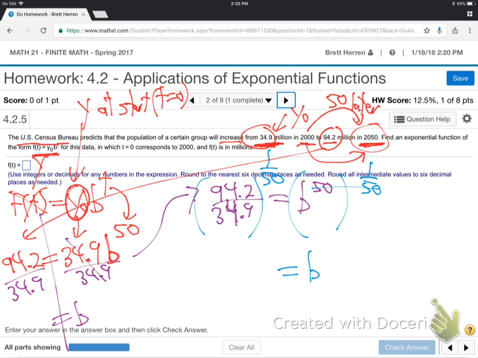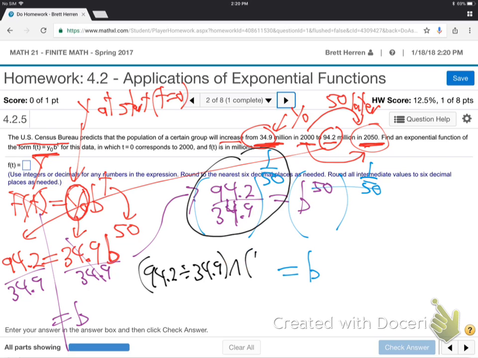So that's it. Type this into your calculator right here, and that'll be your B. So type in 94.2, put parentheses, divided by 34.9, to the power of 1 divided by 50, equals. Everybody see that? Maybe I should have written that out a little bigger.